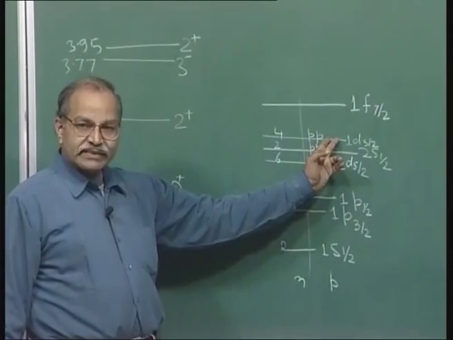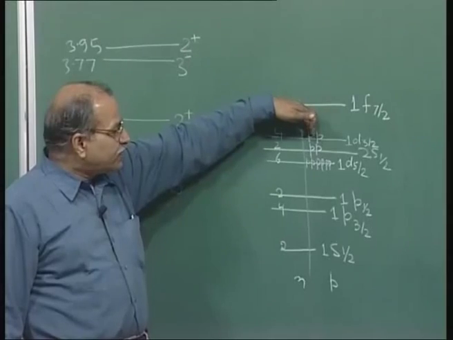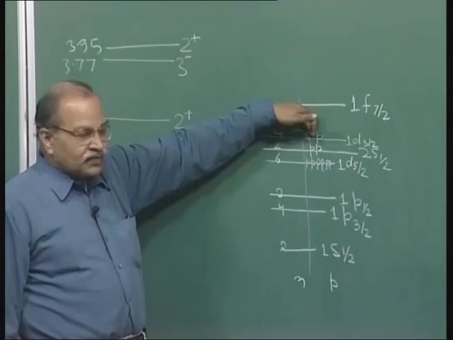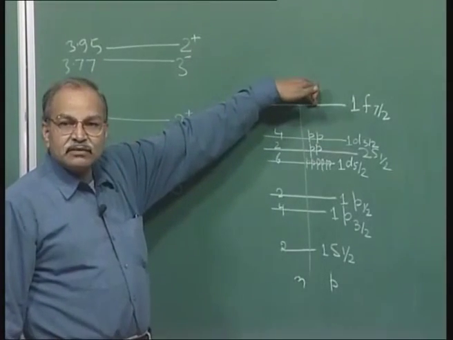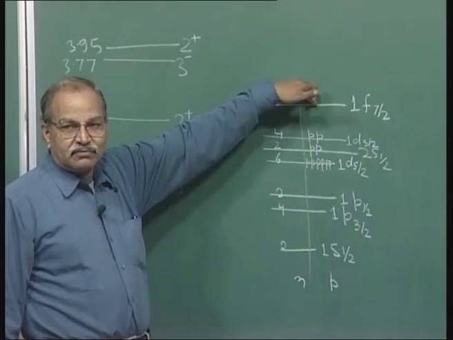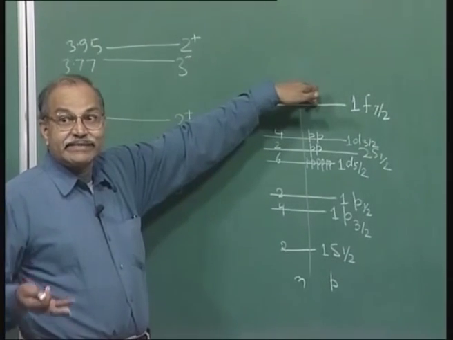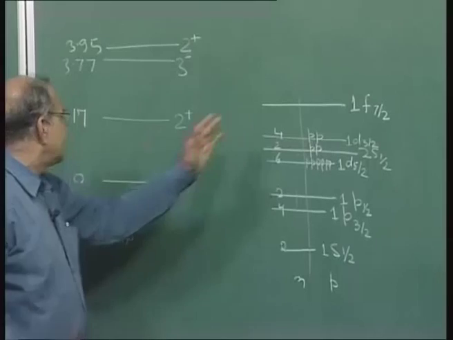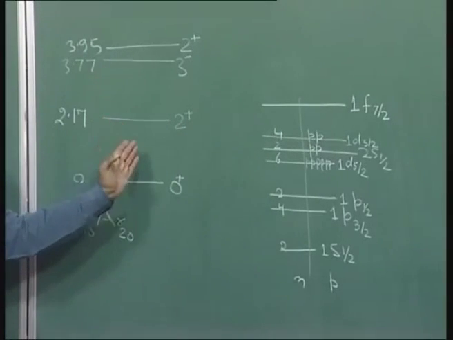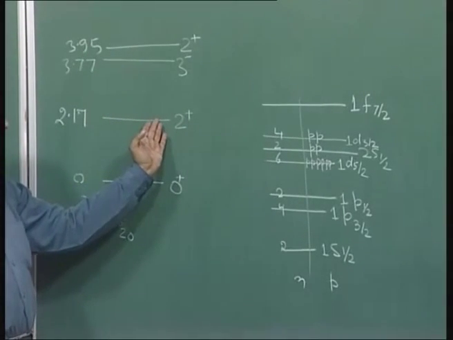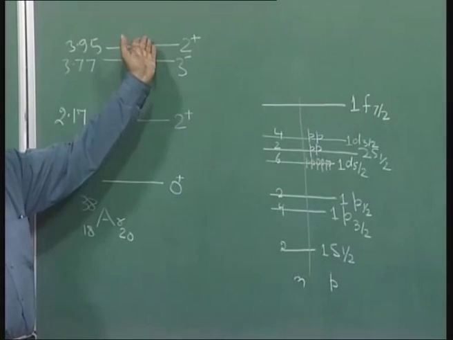There are 2 places available here. This pair could be broken and this proton can be sent up. We need excited state energy levels. We have these excited state energy levels and we are trying to understand how each of them appears.